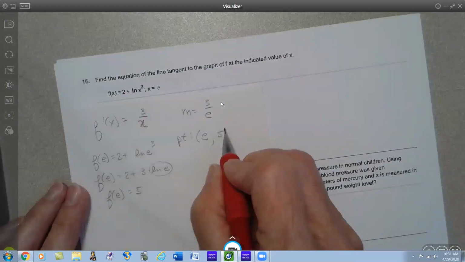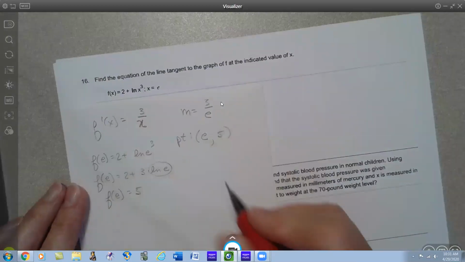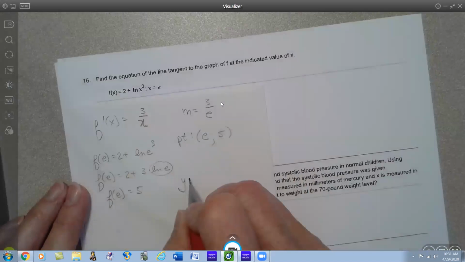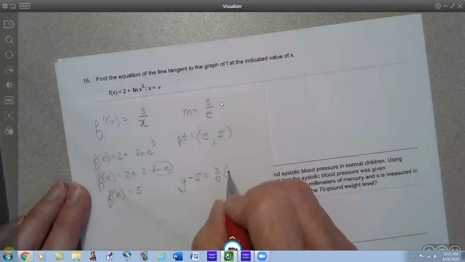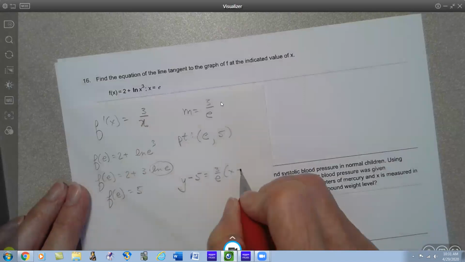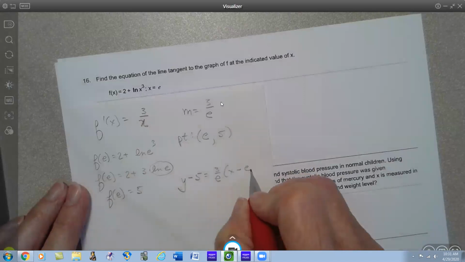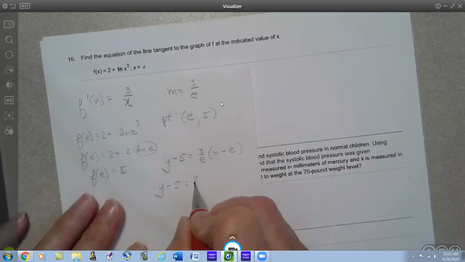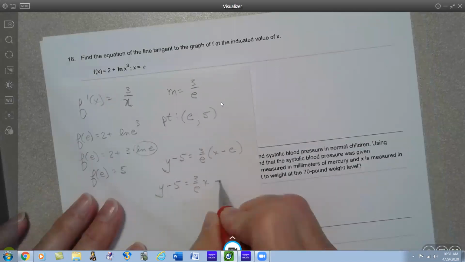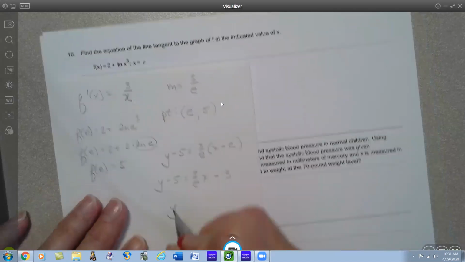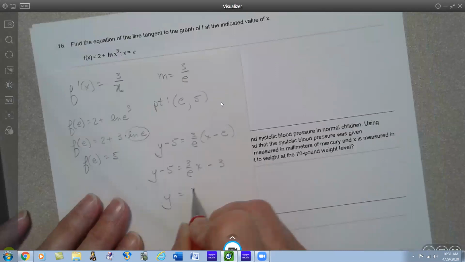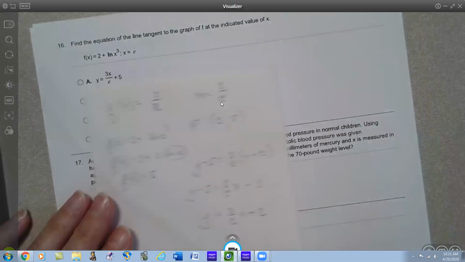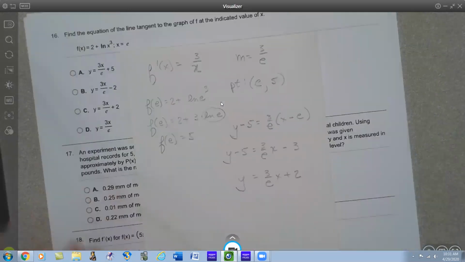So I'm going to have y minus y value, slope, x minus x value. So it looks like C.